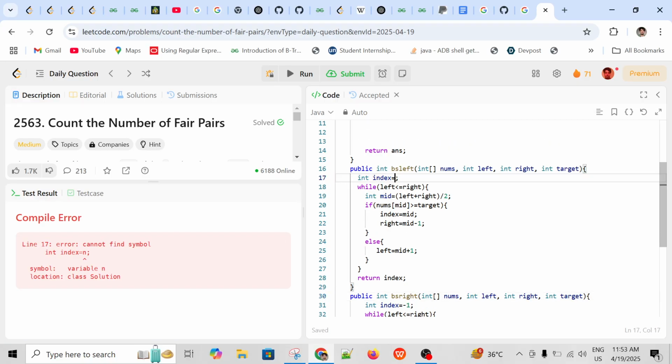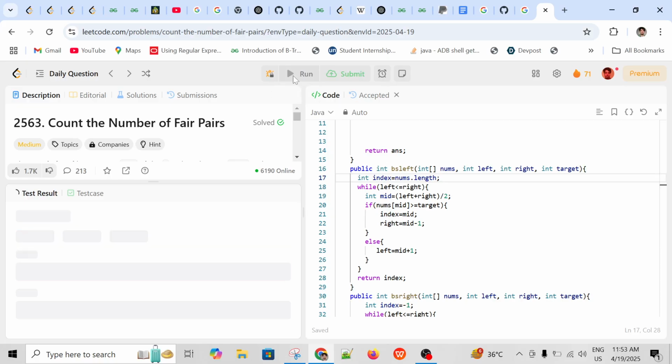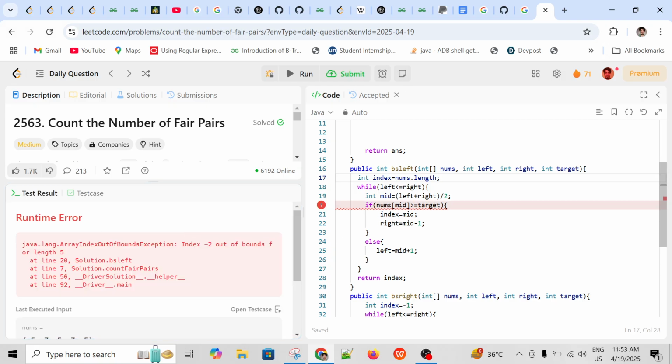So this is actually the nums length. So out of bound. Why is that? Showing the -2.